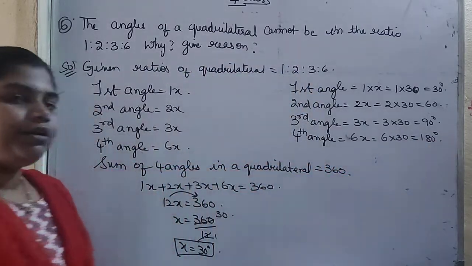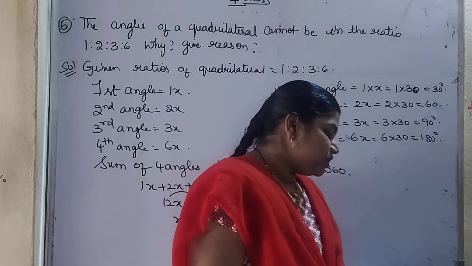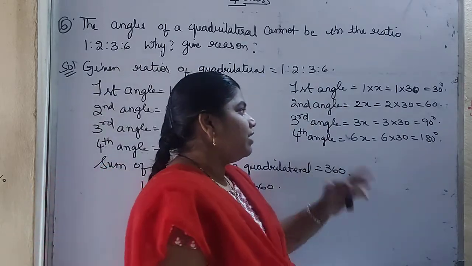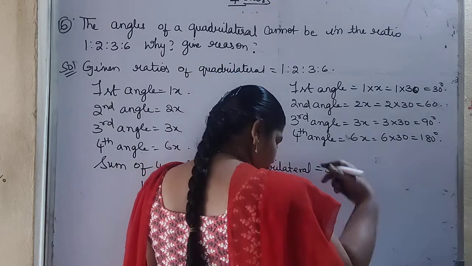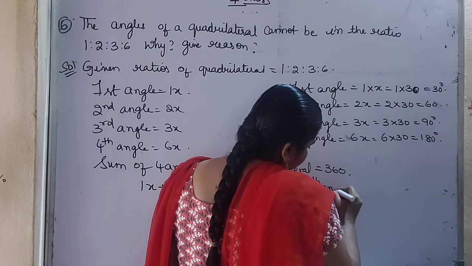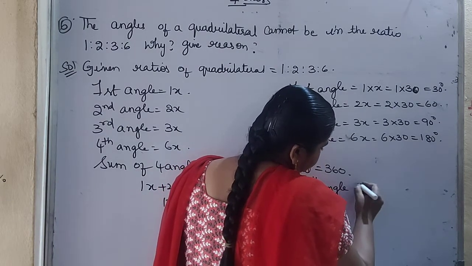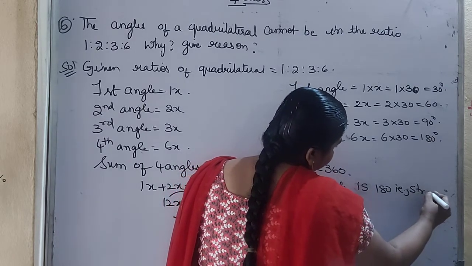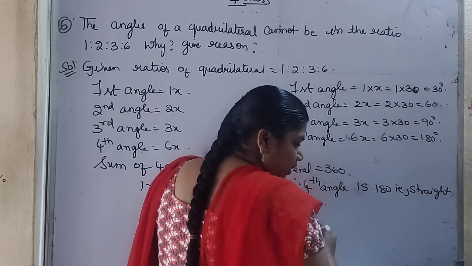So why will a quadrilateral not form with this? Because the last angle is in the form of a straight line. That's why a quadrilateral cannot be formed. Therefore, the fourth angle is 180 degrees, that is a straight line.